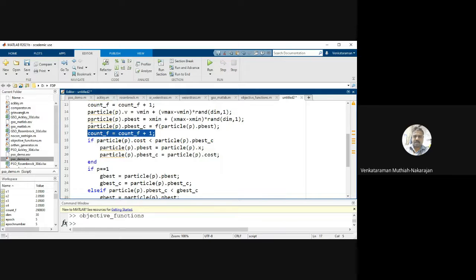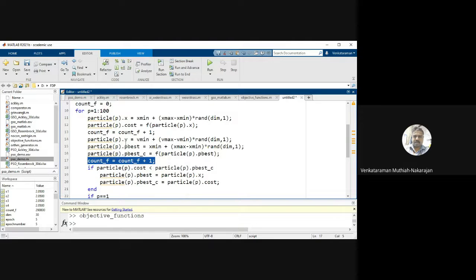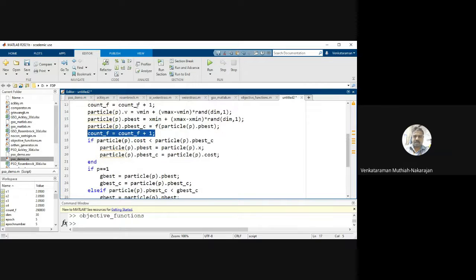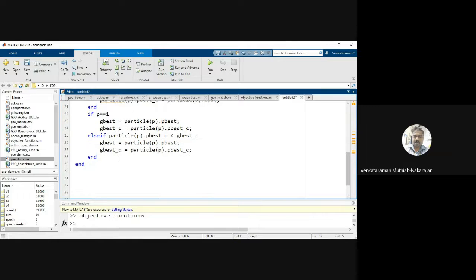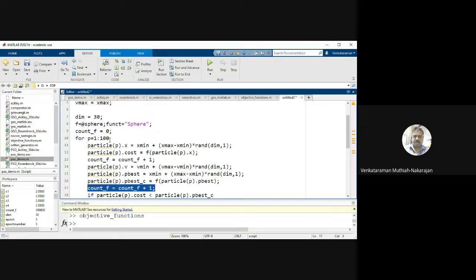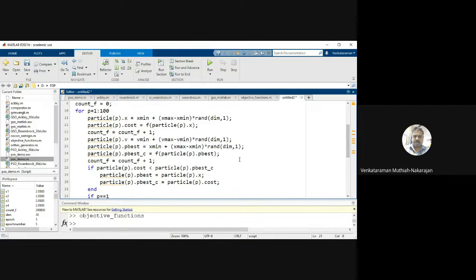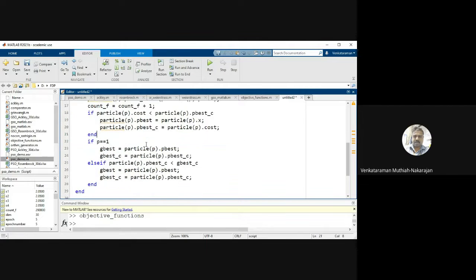So if you can reach the minima at a lower function count, then you have written a better algorithm. So we have initialized a swarm with particles, personal best, and velocity, and their respective costs.